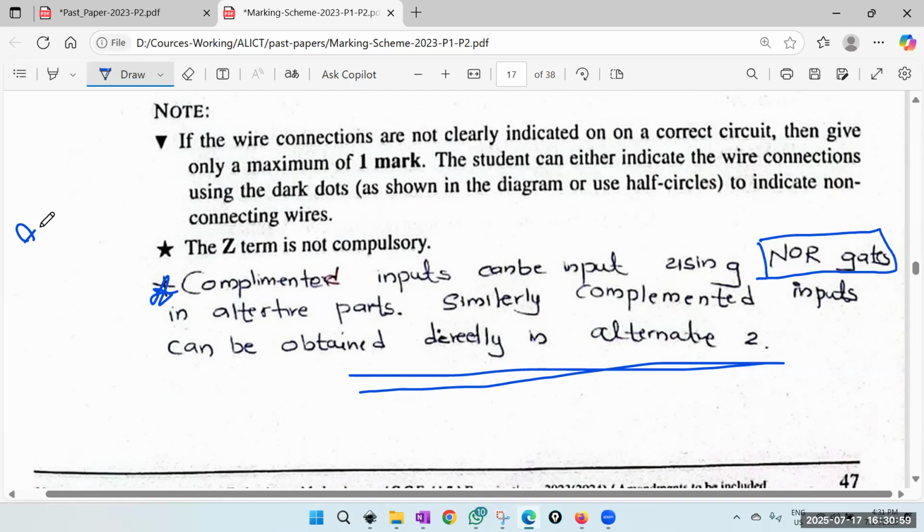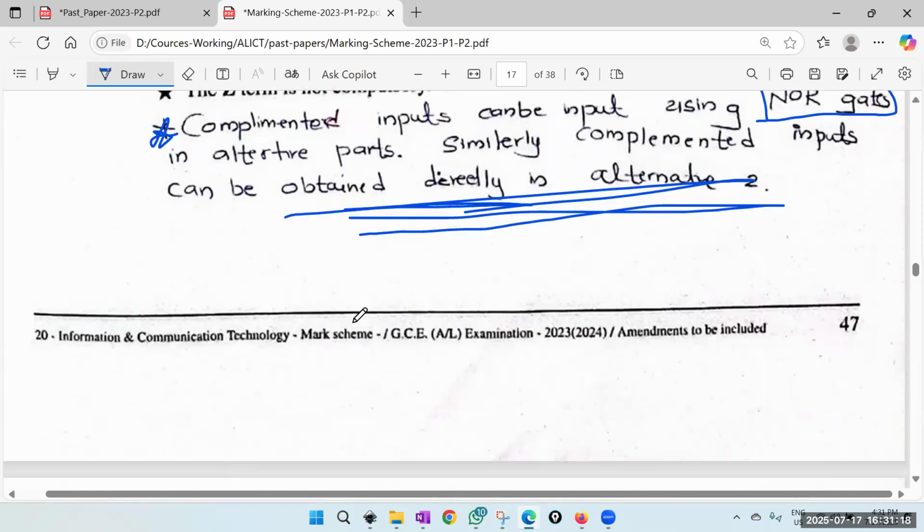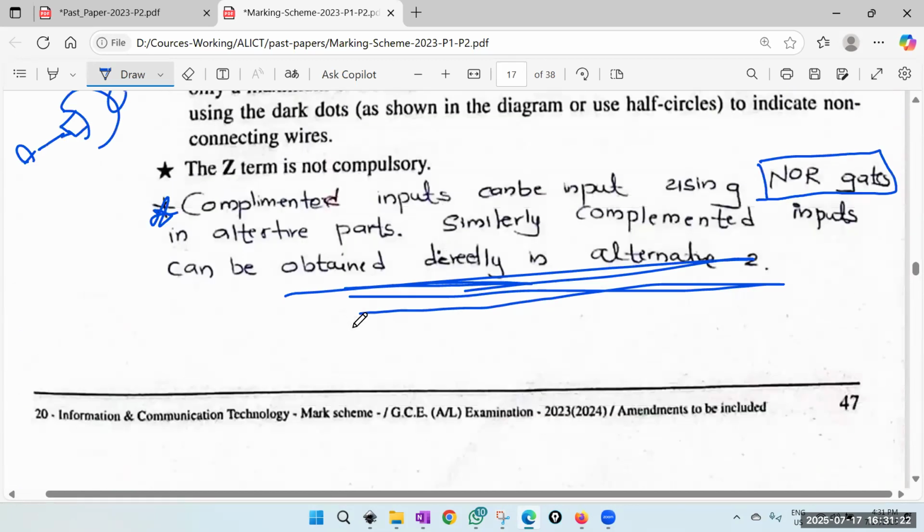You give A here and give it something like this and take A bar. Or you can directly assume that the complementary input is there. You can see, that is because the examiner has mentioned that complementary inputs are available, right? So that is fair. So that means I should get full marks again. Okay, I should get full marks.